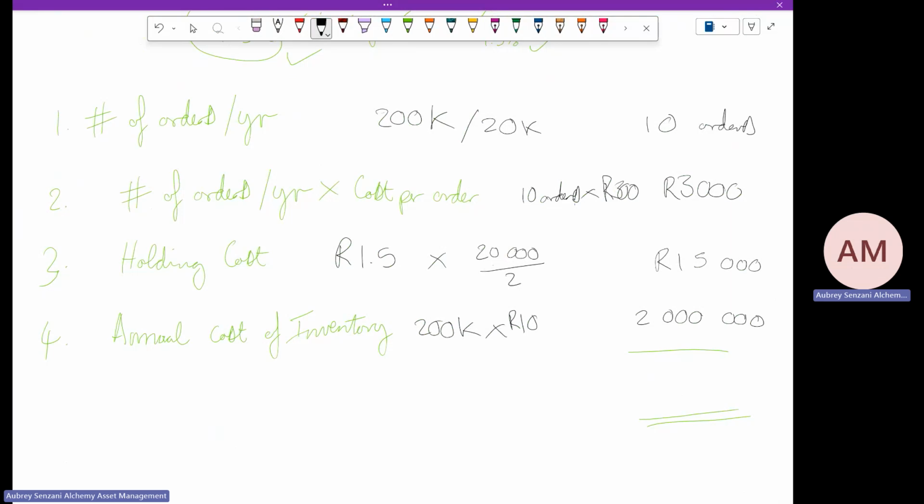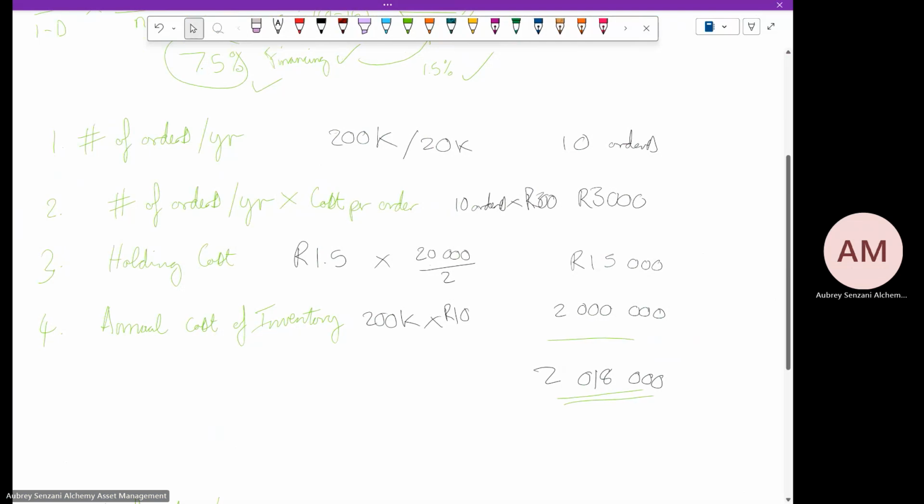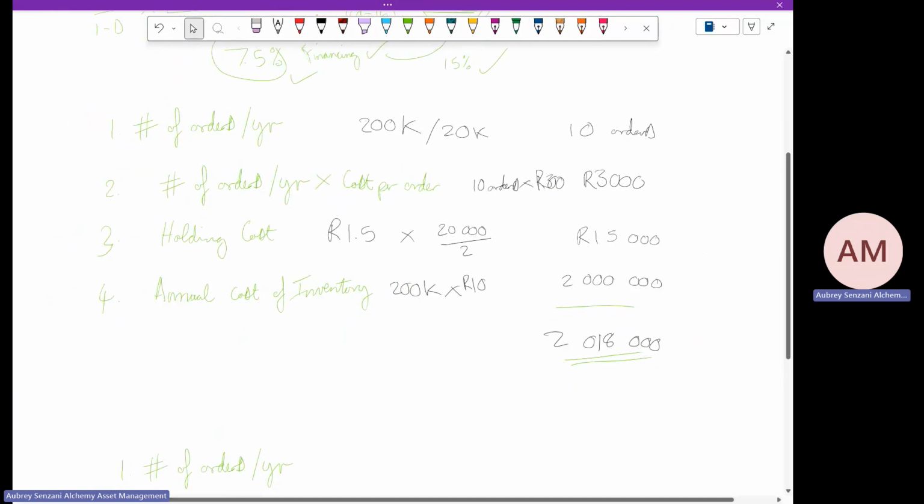Okay, and when you add up all those costs, what are you getting? Right, so we literally are now coming to the proposed.